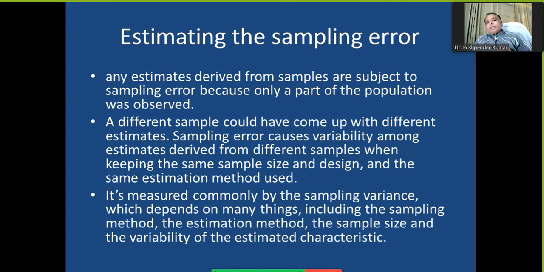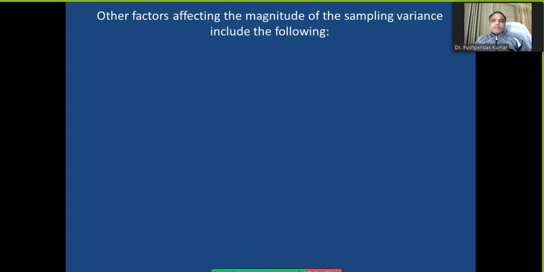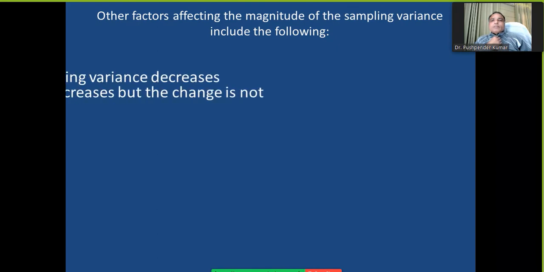It is commonly measured by the sampling variance, which depends on many things including the sampling method, the estimation method, the sample size, and the variability of the estimated characteristics. So there are other factors which capture the magnitude of this sampling variance.